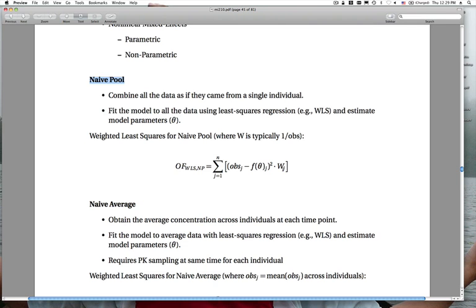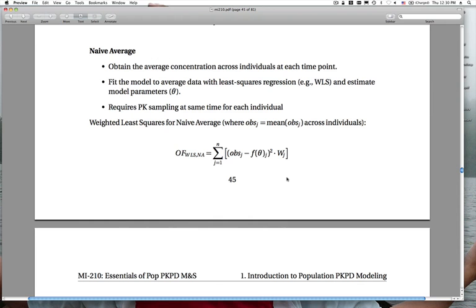But it completely ignores the assessment of variability between individuals, and of course the residual variability is also confounded because of that lack of accounting for inter-individual differences. But nevertheless, it can be a useful way to derive initial estimates for a more complex population-based method.